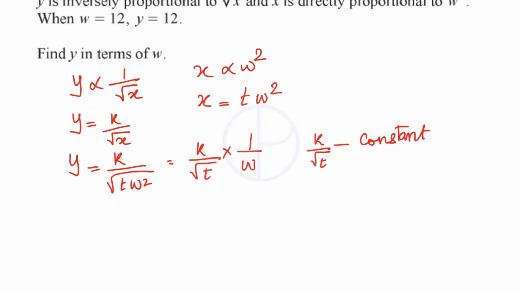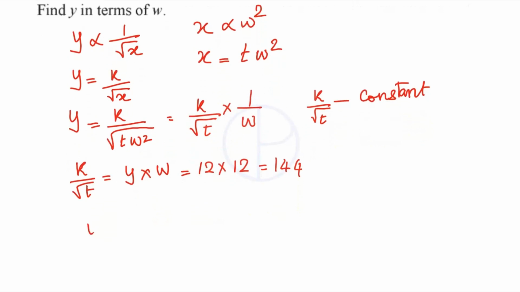Let's find out what k divided by square root of t is by making that the subject: y multiplied by w. So when w is 12 and y is 12, this will be 144.